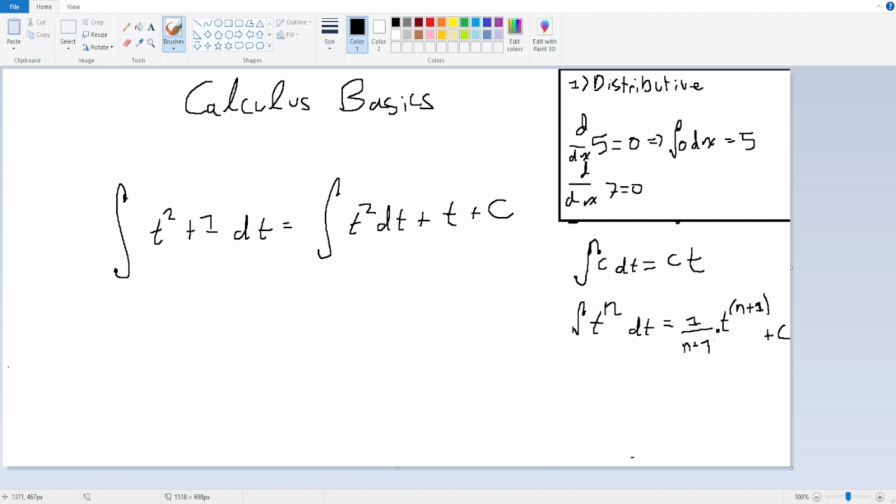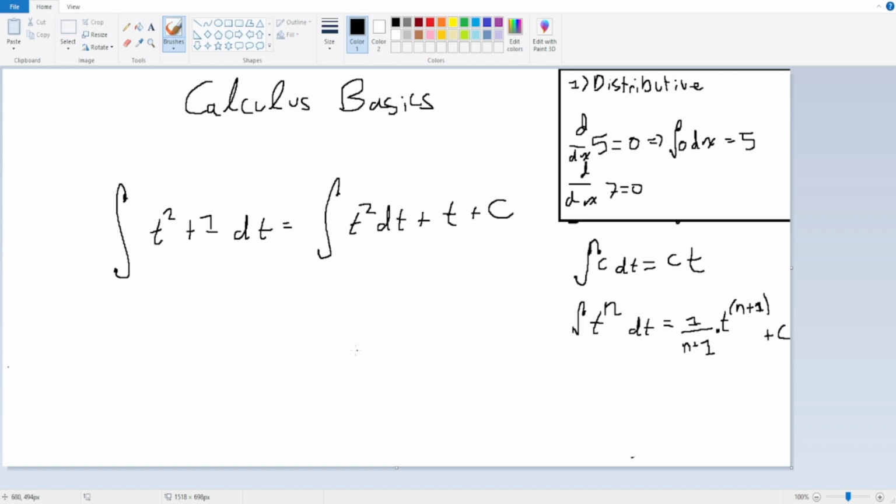Okay, so this is the general formula for any inverse power rule, for any integral of the function to the power of n. Now, we're doing the integral of t squared dt. So t to the power of n, t to the power of 2, so 2 is n.